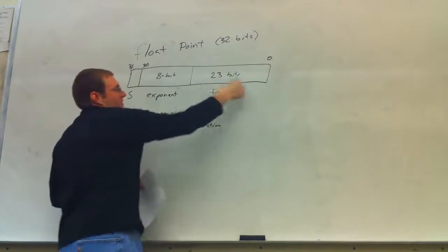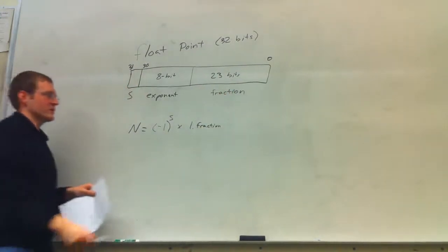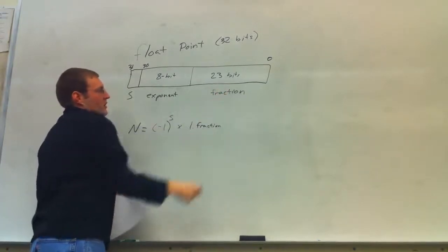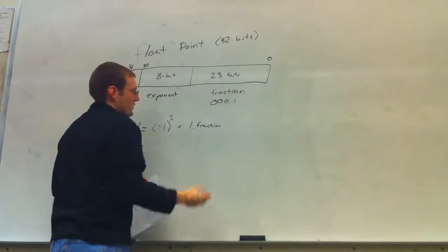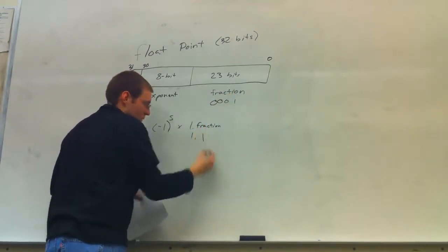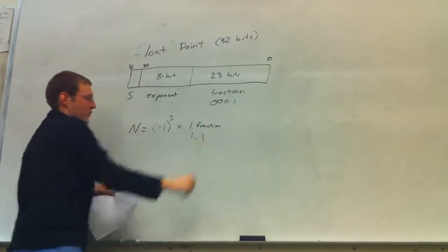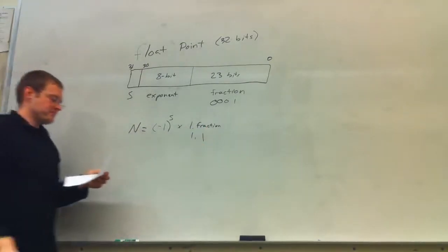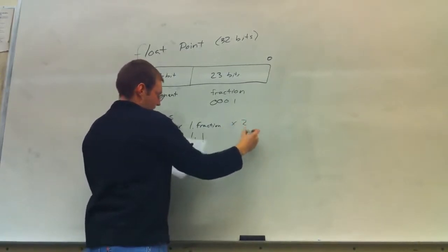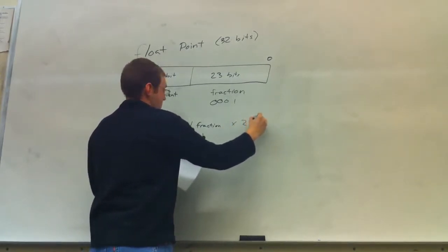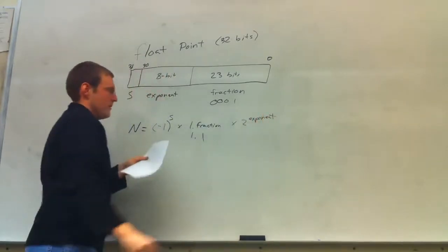Whatever number this is goes into that part of the fraction. So if I put binary 1 here, it's going to be 1.1. And then we multiply by 2 to the exponent minus 127.